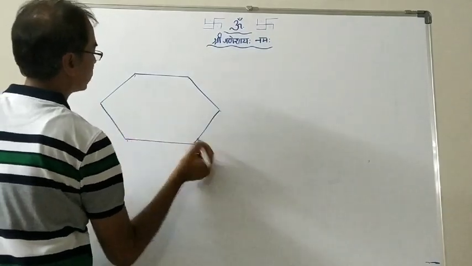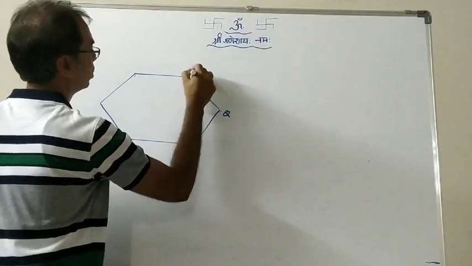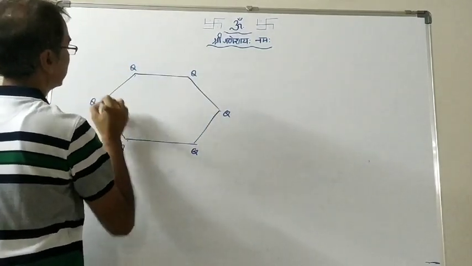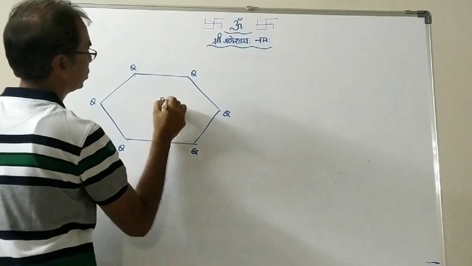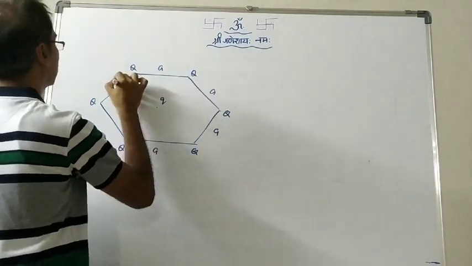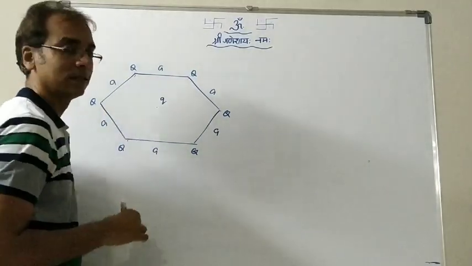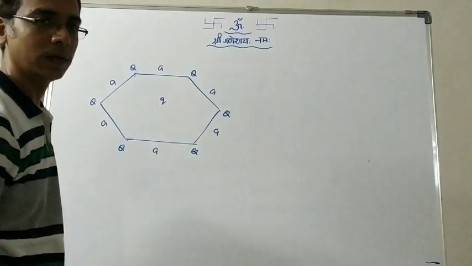The first question is the same that I asked in the case of the square also. All the charges here are Q, Q, Q and Q, and suppose at the center I am going to keep another charge Q. The sides are A for this regular hexagon. What is the force on charge Q at the center? The answer is 0, no doubt about that.